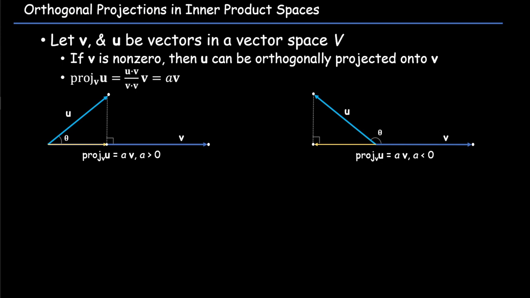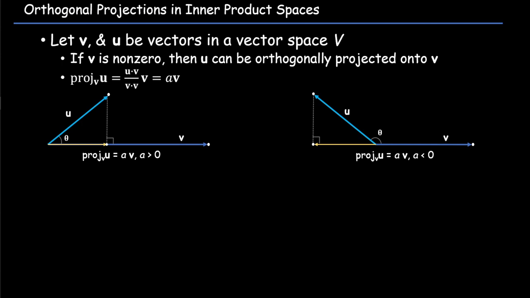We can see that this vector u can make a projection on v, which is the yellow-orange line, and it's given by the formula I've shown you here. I will show the derivation of where it comes from in a Linear Shorts video, so be on the lookout for that.